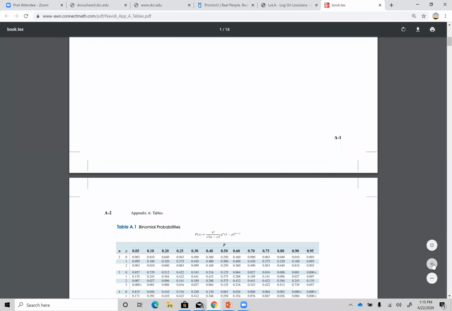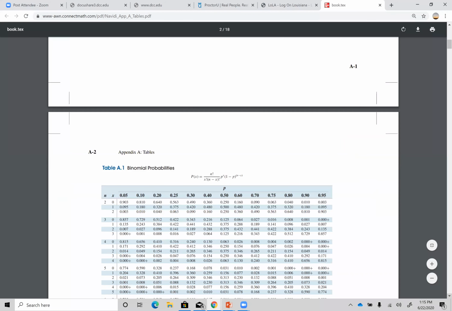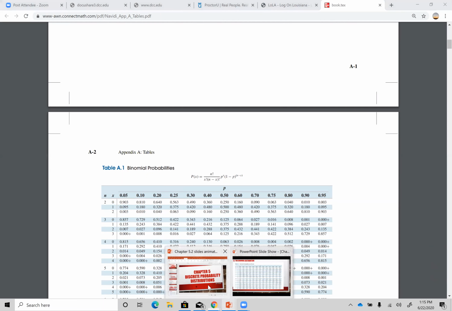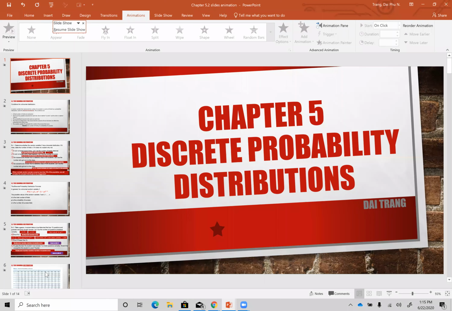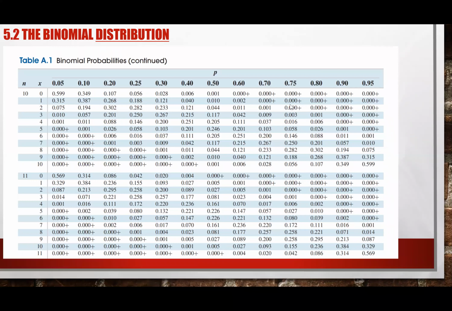all of the binomial distribution probabilities. So looking at this, don't worry about the formula. They give you the N, they give you the X, and they give you the probability. Okay. So what I did on the slide was I took out the problem we did, right?